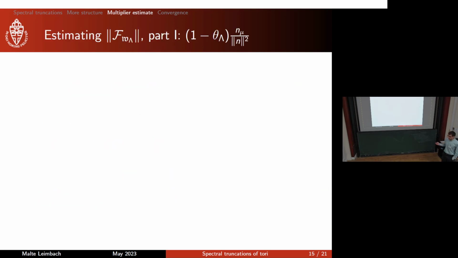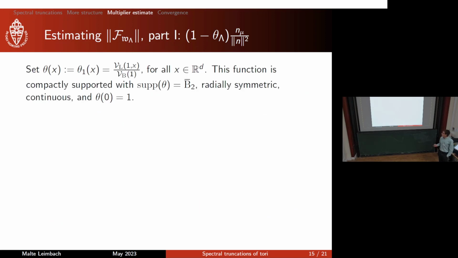All right, so this first one has no lattice point counting problem involved. These are just some basic observations about this function theta, which is this quotient of volumes. This function is convexly supported. It's radially symmetric, because when you measure the volume of this intersection of these balls, it really only matters how far you shift, but not in what direction, which is not true for the lattice point counting problem. But for the volumes, that's true.